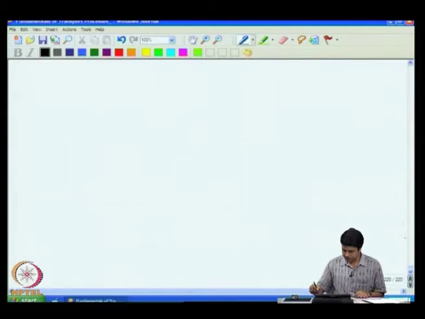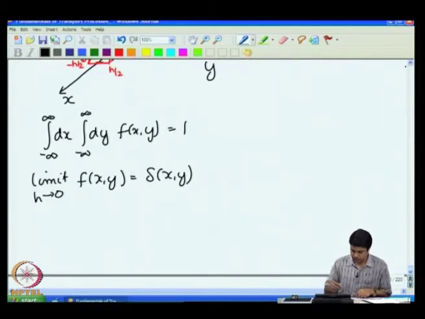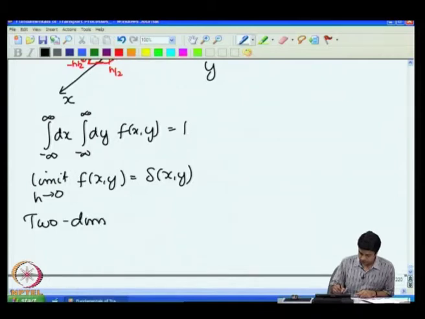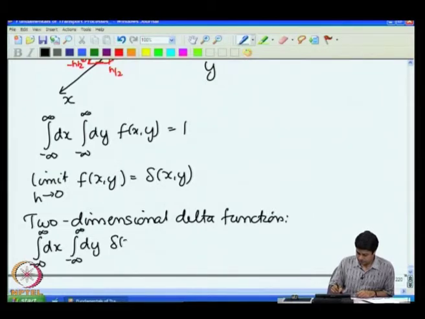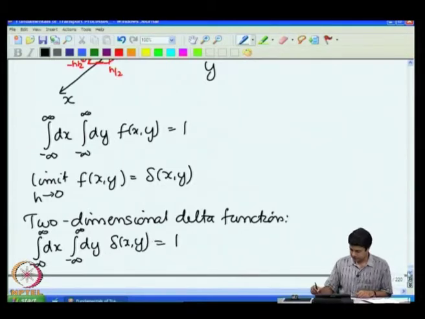Therefore, the 2-dimensional delta function has the properties: integral minus infinity to infinity dx, this has to be equal to 1.